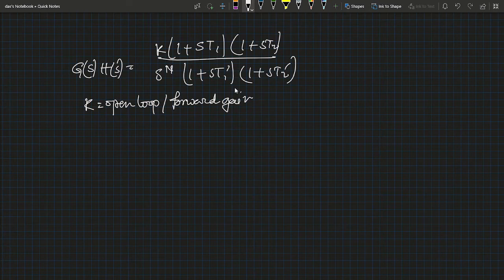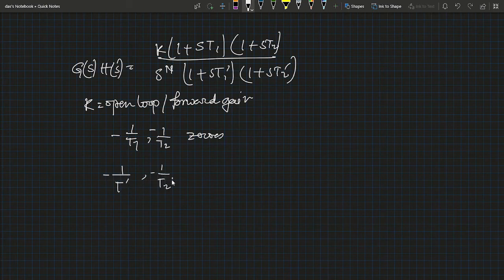Next, the locations: minus 1 by T1 and minus 1 by T2 are the locations of the zeros, where the system gain equals 0, and minus 1 by T1 dash and minus 1 by T2 dash are the system pole locations, where the system gain equals infinity.